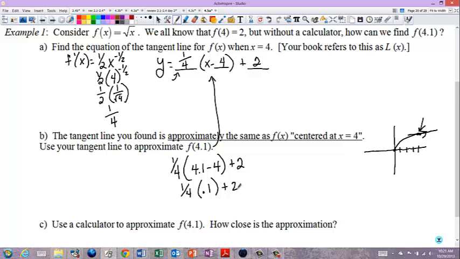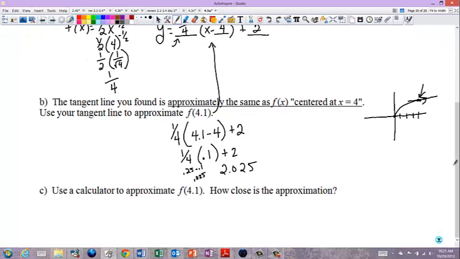Yeah, I'm going to have to use my calculator for that. You get 2.025. Well, I guess I could do it, 0.25 times 0.1 would be 0.025 plus 2 is 2.025. Yeah, I could do it by hand if I had to. Use a calculator to approximate f of 4.1.